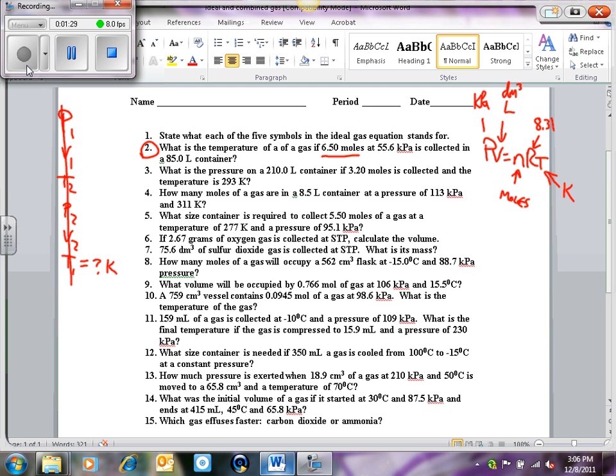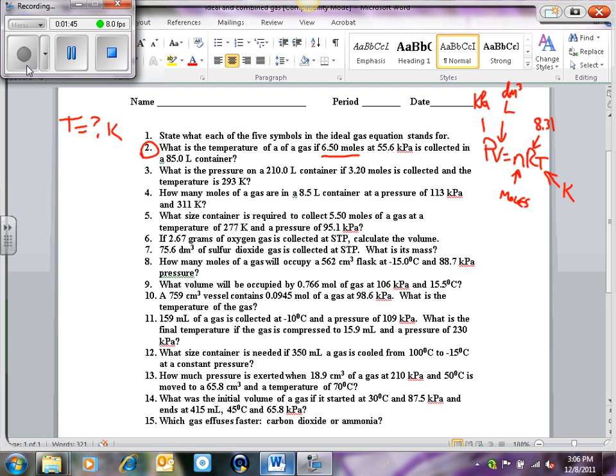So amount of a substance. I can automatically take a look at this. I'm analyzing the gas in terms of what I know about it, rather than changing the conditions. The temperature we don't know, but that's going to be in Kelvin.